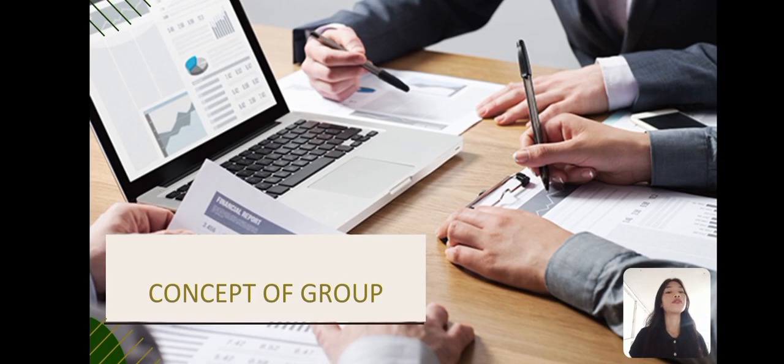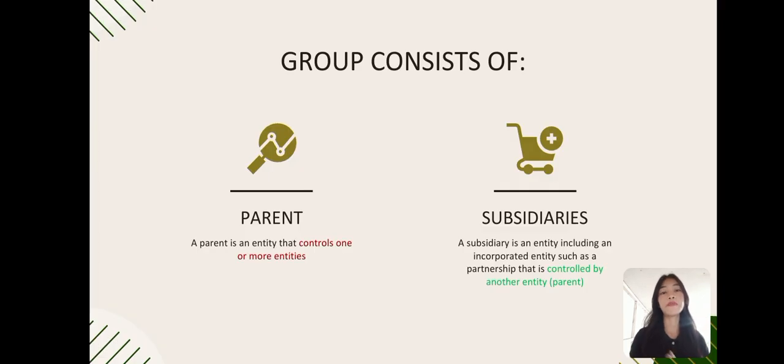And in group accounts, there is a concept of group. And this includes, first, the parent, and then the second one is the subsidiary. So what is this parent? A parent is an entity that controls one or more entities.